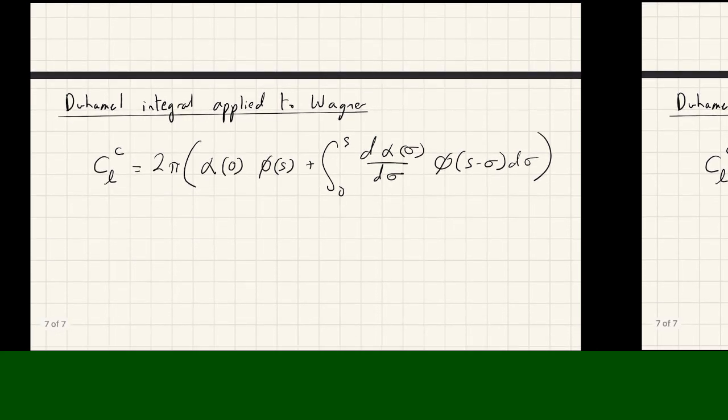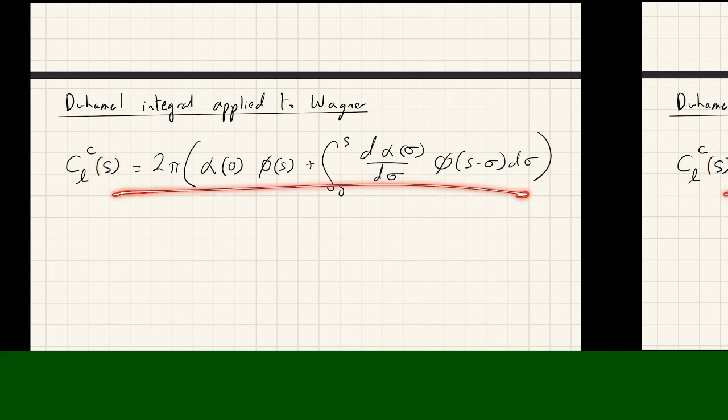And we are evaluating this integral from 0 to the non-dimensional time s at which we would like to evaluate the lift. So again, if you want to find the circulatory portion of the coefficient of lift at some non-dimensional time s, that is given by this term.